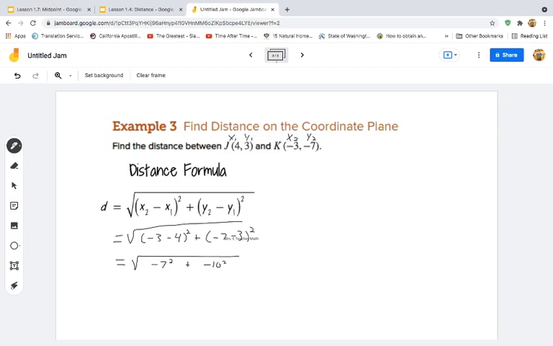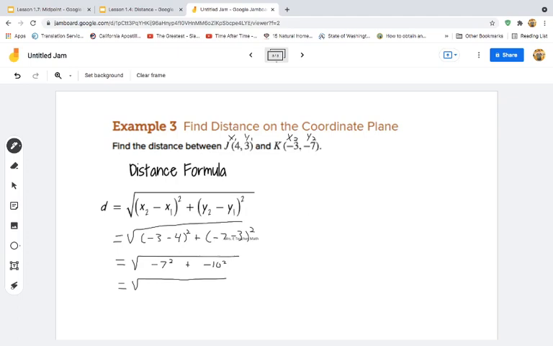Okay. Now what's beautiful about the distance formula is you are never, ever going to get negative numbers, right? Just like we were saying earlier, there's no such thing as a negative distance. And you're never going to get a negative number because you're always squaring your numbers here. So whether you have positive or negative, when you multiply them, they will come out as a positive number.